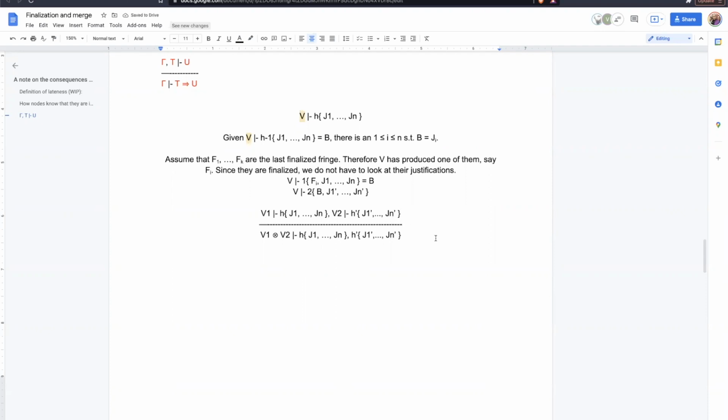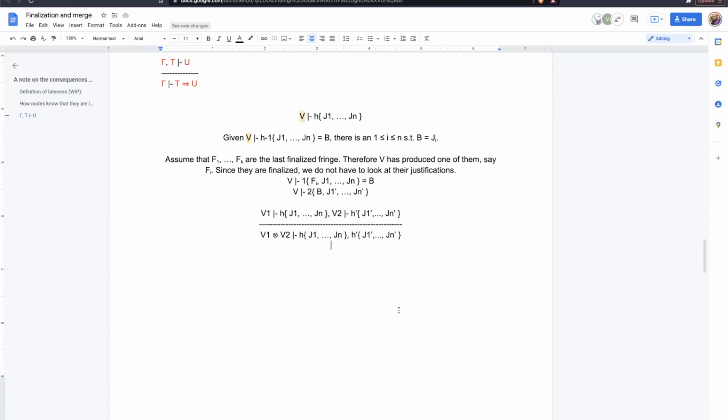Does that make sense now as a rule? Yes. Can I ask why you are using tensor, not just comma, V1, comma V2?